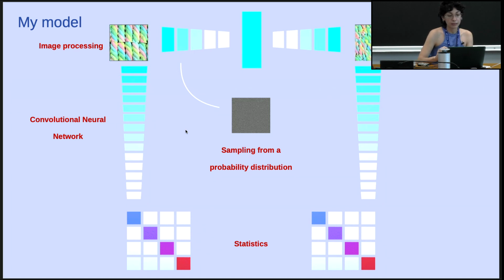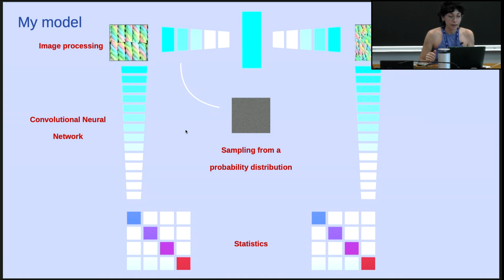And what it does, it basically samples from a probability distribution to learn how to synthesize new samples of textures, just like the ones that you see at my left, from a set of original images of textures, like the ones that you see at my right.